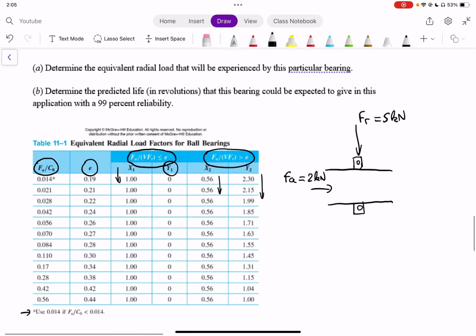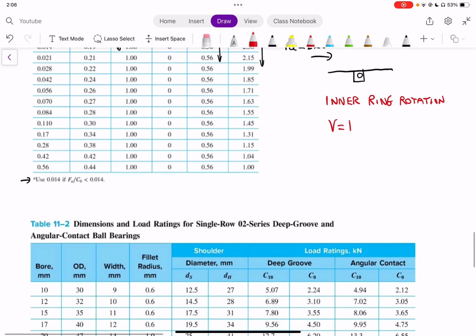So I know that it's going to be an inner ring rotation problem, and because it is an inner ring rotation problem, V is going to be equal to 1. So I already know that my V value is going to be equal to 1.